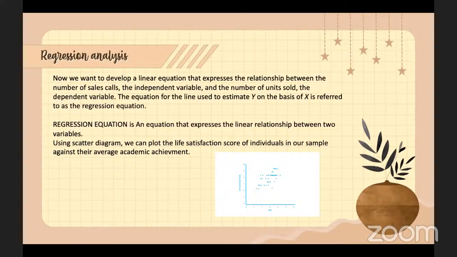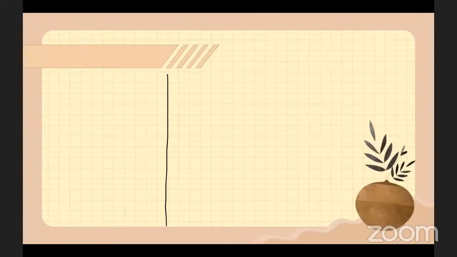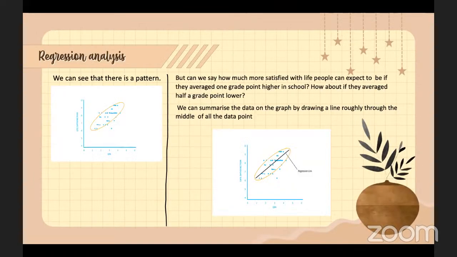And now, using a scatter diagram, we can plot the life satisfaction score of individuals in our sample against their average academic achievement. We can see that there is a pattern, but can we say how much more satisfied with life people can expect to be if they average 1 grade point higher in school?